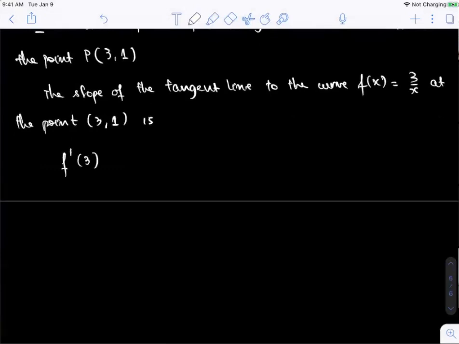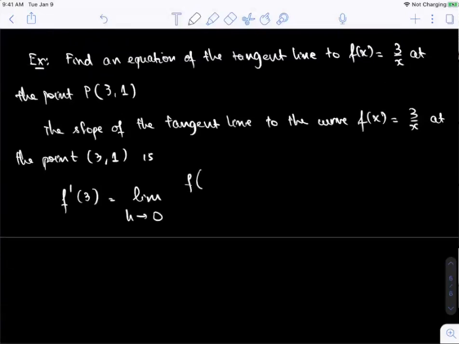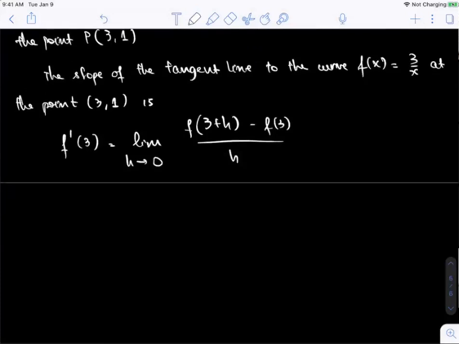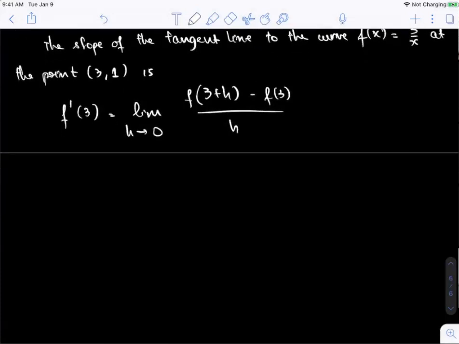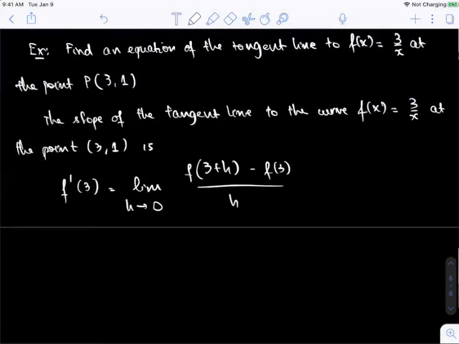This is the slope of the tangent line, equal to the limit. The x value is 3. So the limit as h approaches 0 of f of a plus h, or f of 3 plus h, minus f of 3, divided by h. So that is the slope of the tangent line.